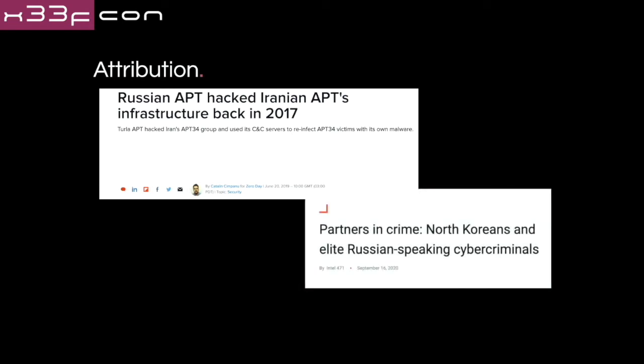Think about this case, and this is just another example from Intel 471, a public post that they made last year, where they have clear links of North Korean threat actors collaborating with Russian-speaking cyber criminals for a quite simple reason. Let's say, for example, that a cybercrime group that operates a malware, like TrickBot or Emotet, it doesn't matter, has access to one of the targets that you want to get access to.